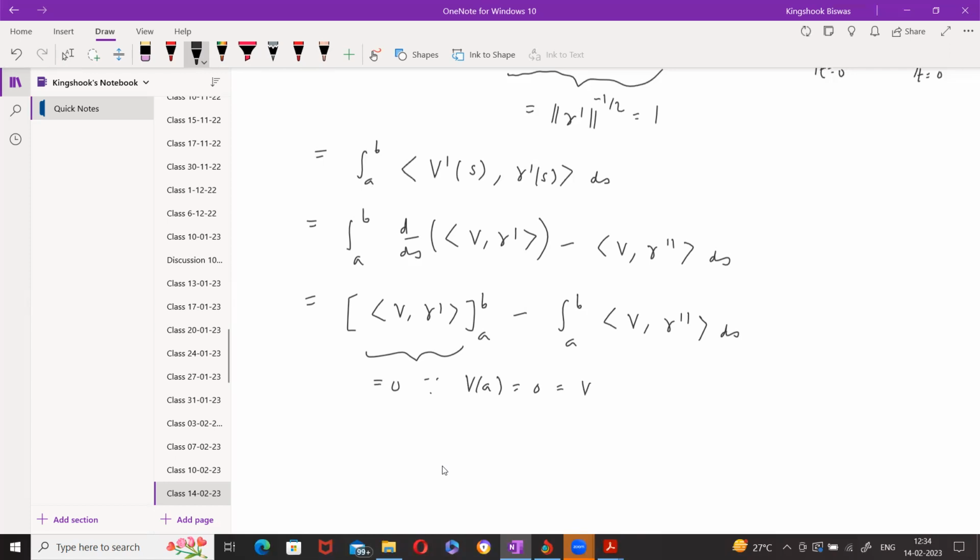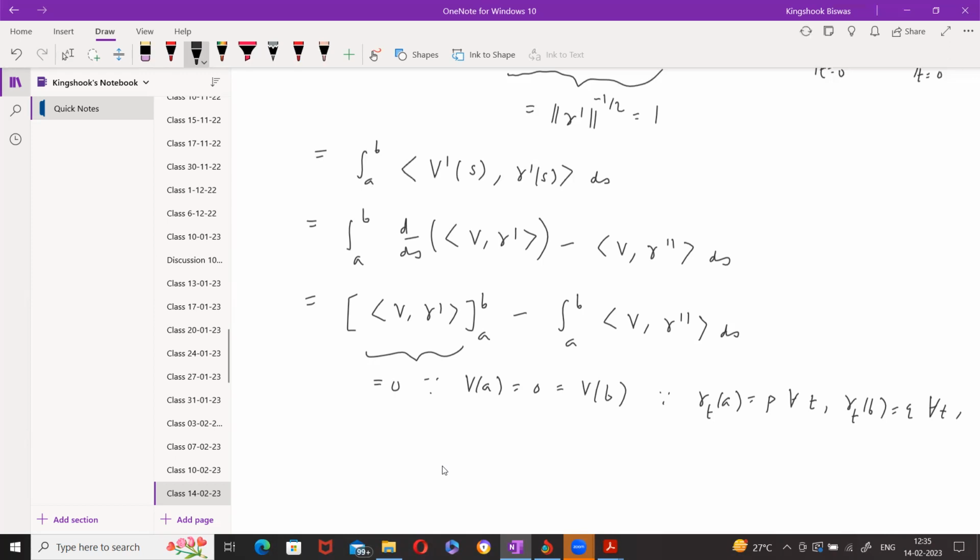Because all of the curves gamma t have fixed endpoints P and Q, right? Okay, because gamma t of A is P for all t. So when I take d/dt, I'll get 0 at time 0, right? And gamma t of B is Q for all t. Is this clear? So this boundary term vanishes. What we've done here is nothing but an integration by parts, right? This is just an integration by parts. Is that clear?